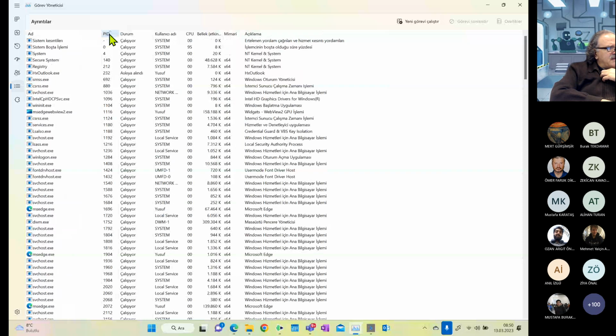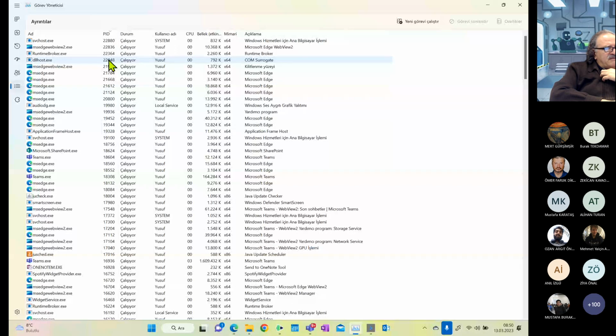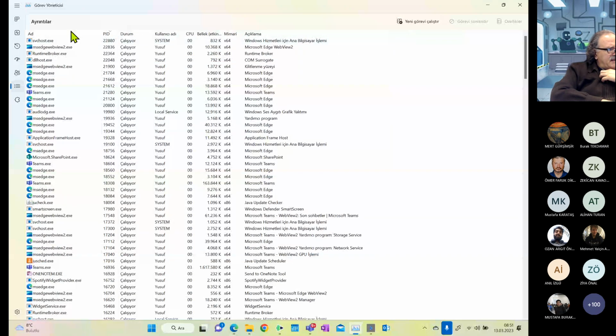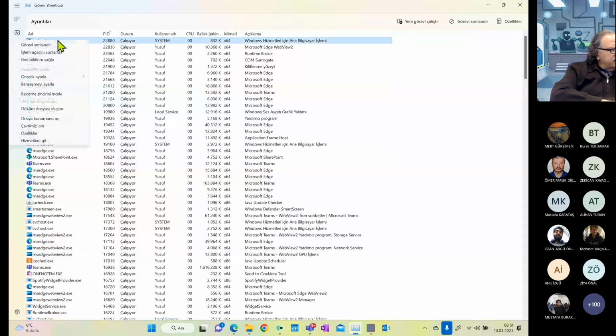See the very small process IDs, they are all system processes, and the last ones are very recent processes. There should be a way of adding more.